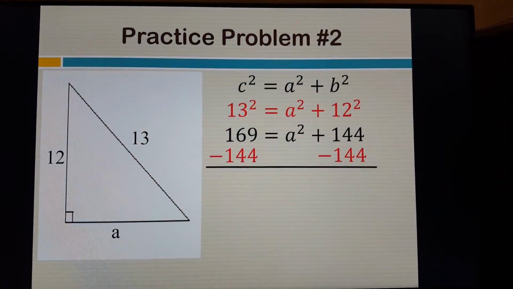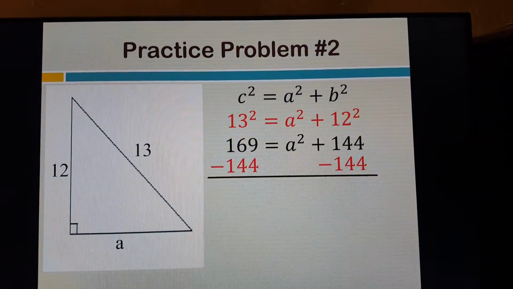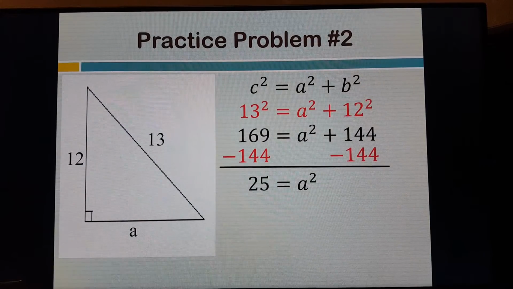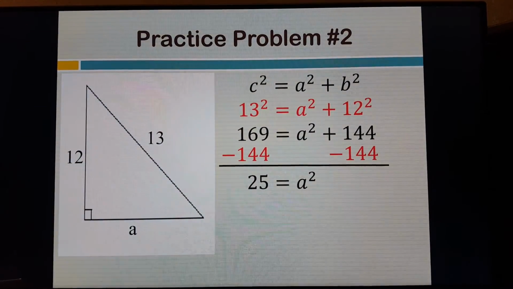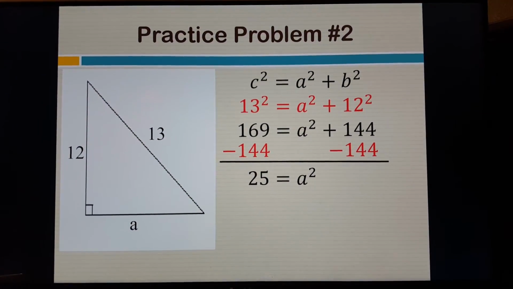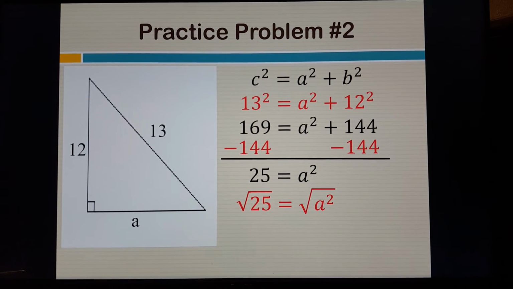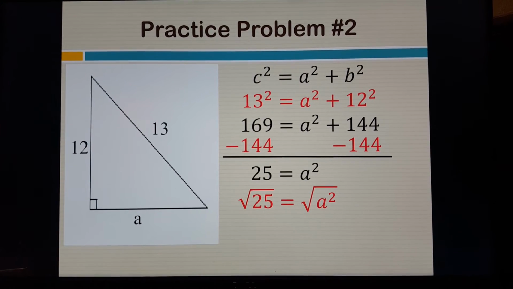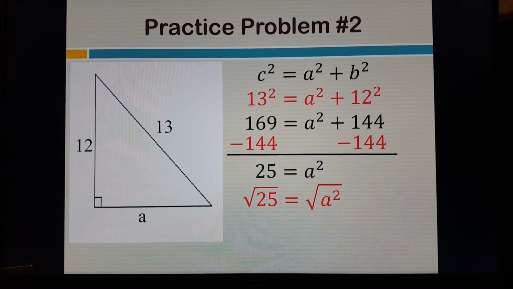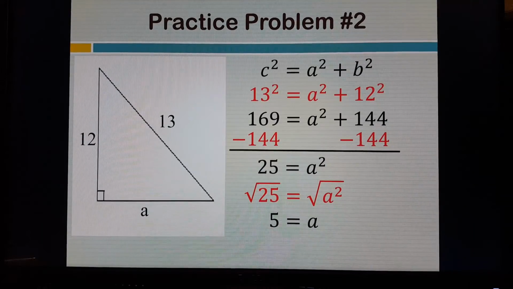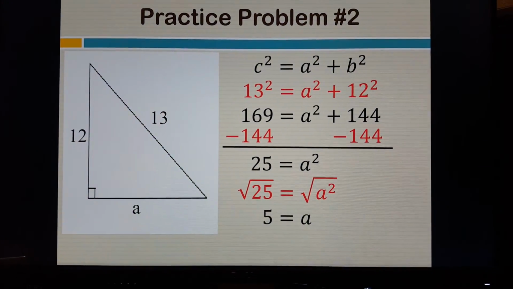What you do to one side of the equation, you must do to the other side of the equation. What you're left with is 25 equals A squared. And just like the problem before, your next step is to take the square root of both sides. The square root, again, gets rid of the square on the A, and it leaves you with an answer of A equals 5.